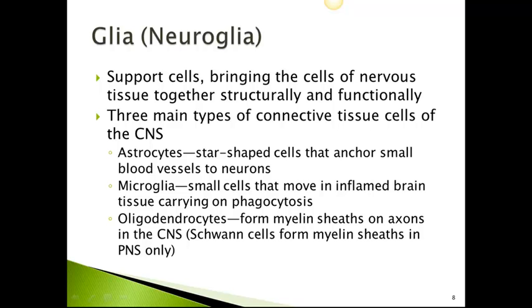There are astrocytes, which are star-shaped cells that anchor small blood vessels to neurons. There are microglia, which are small cells that move in the inflamed brain tissue carrying on phagocytosis. And then there's the oligodendrocytes, which form myelin sheaths on axons in the central nervous system.